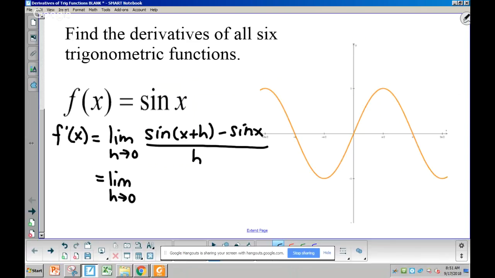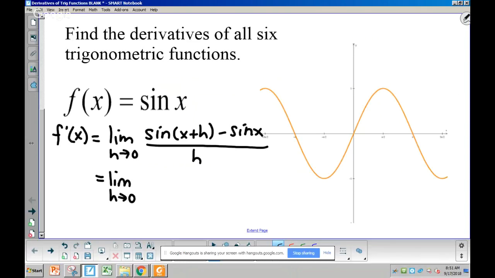That certainly looks like the sine of a sum. That's a trig identity. It's sine, cosine, cosine, sine, and it's positive.